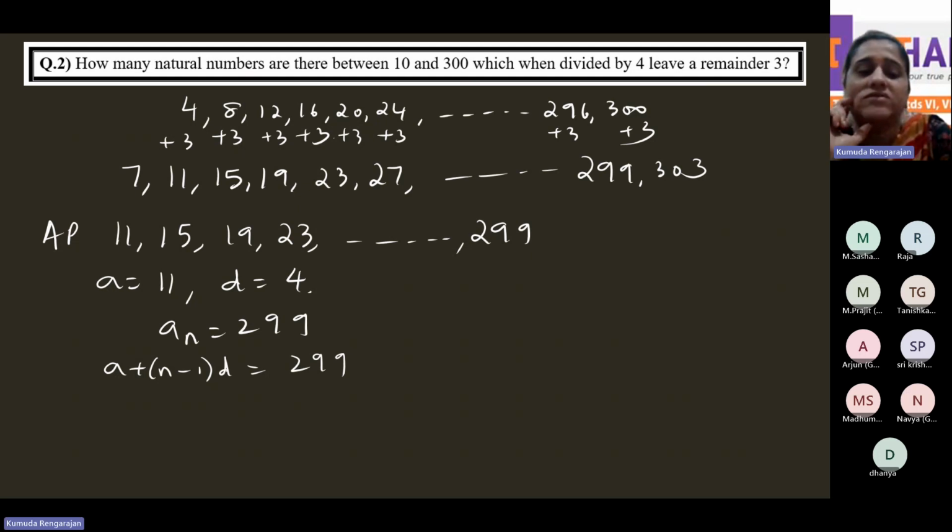Please solve this and tell me the value of n. Ma'am, n is equal to 73, ma'am. 73, yeah. Okay.